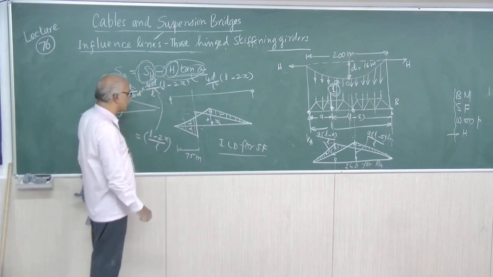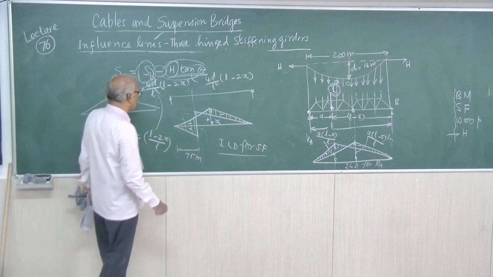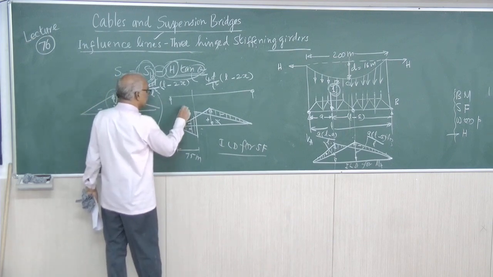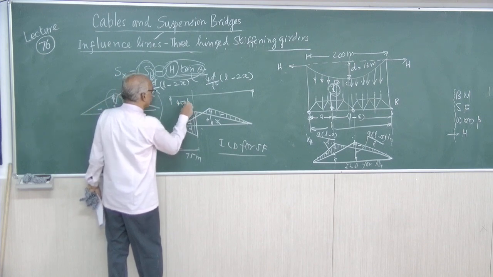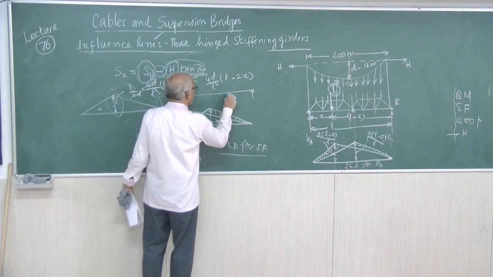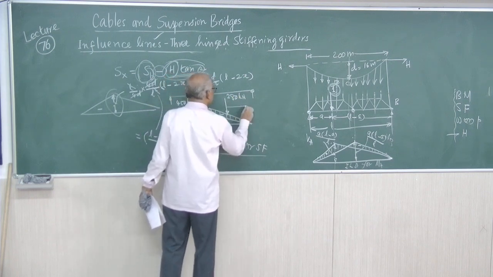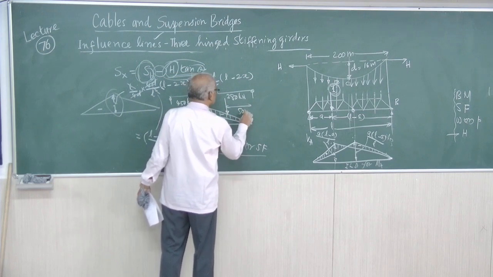Suppose the shear force at 75 meters from one end is required. Our one load, 450 kilonewton, is at a distance of 40 meters. There is another load of 280 kilonewton at a distance of 50 meters.